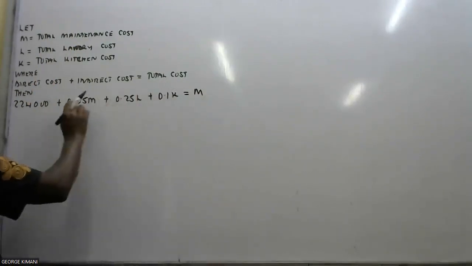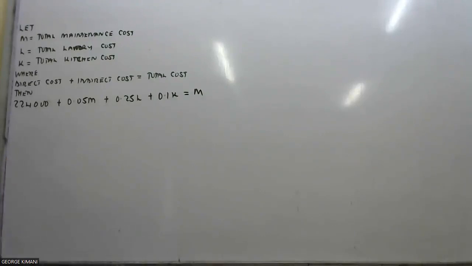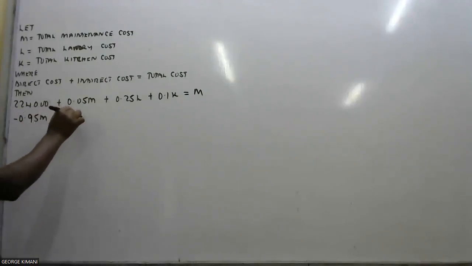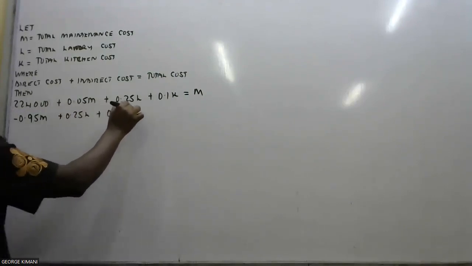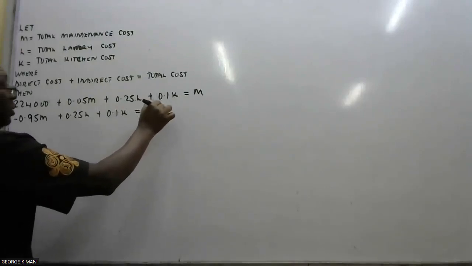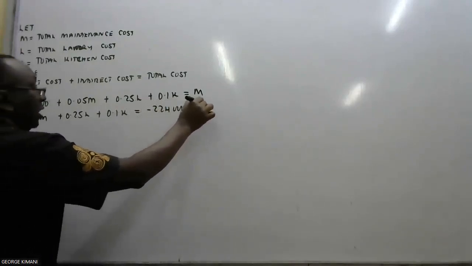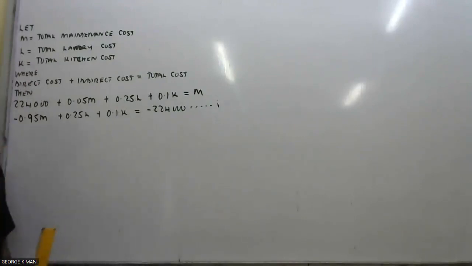This M, when it comes to this side, we will be left with minus 0.95 M plus 0.25 L plus 0.1 K should be equal to minus 224,000. That one you call equation number 1.